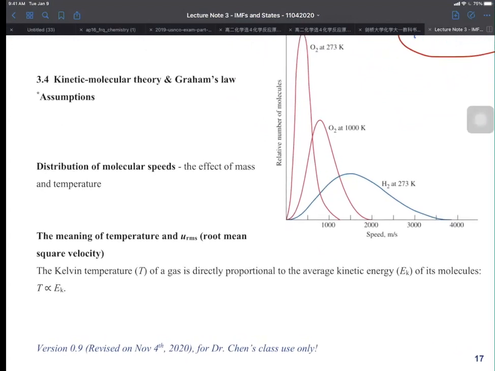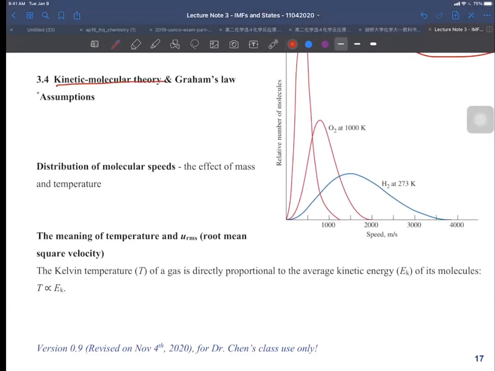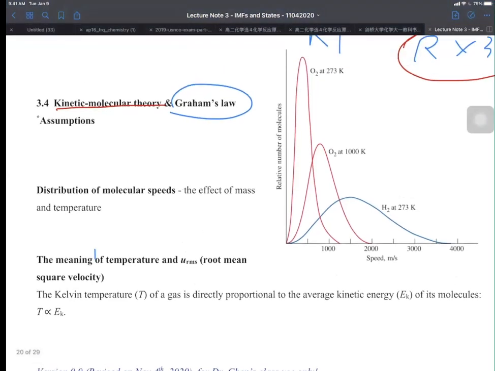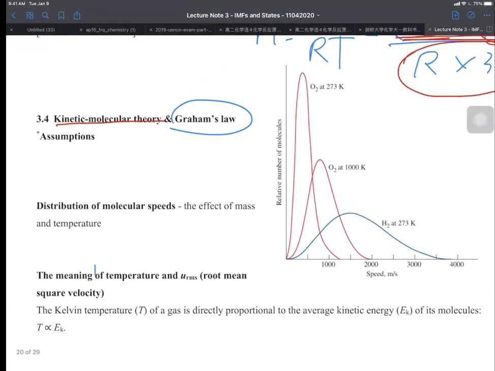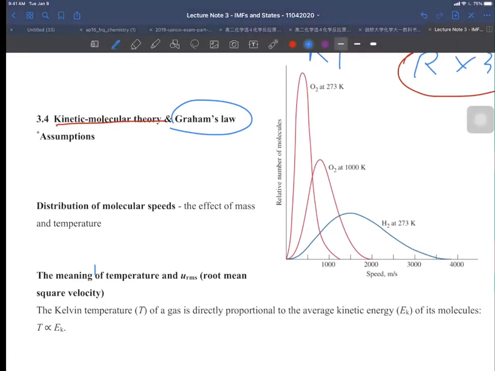The next part is the KMT, which is called kinetic molecular theory. And then there is another law called Graham's law. Basically, for gas molecules, we have a few assumptions to apply the kinetic molecular theory. The first one, we suppose the gas molecules are like spheres.